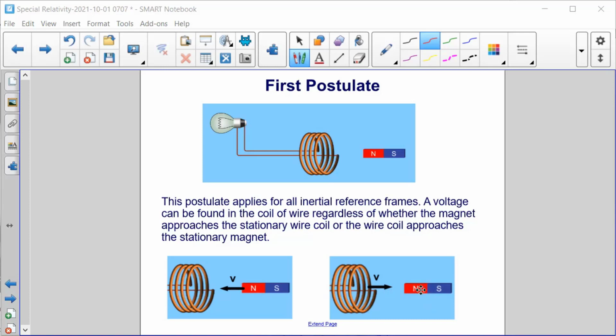So from the perspective of the magnet at rest, if the wire moves toward it, I also get a voltage in the wire. Regardless of whether it's the magnet that moves toward the coil or the coil that moves toward the magnet, we still get the voltage in the wire. So the laws of physics that determine the voltage in the wire apply in both cases because both are inertial reference frames.